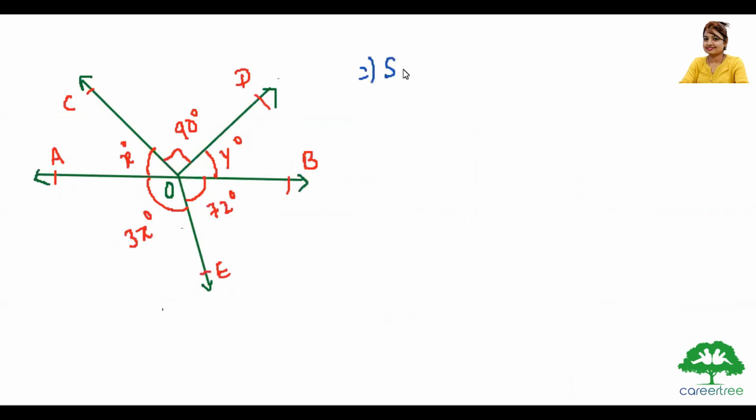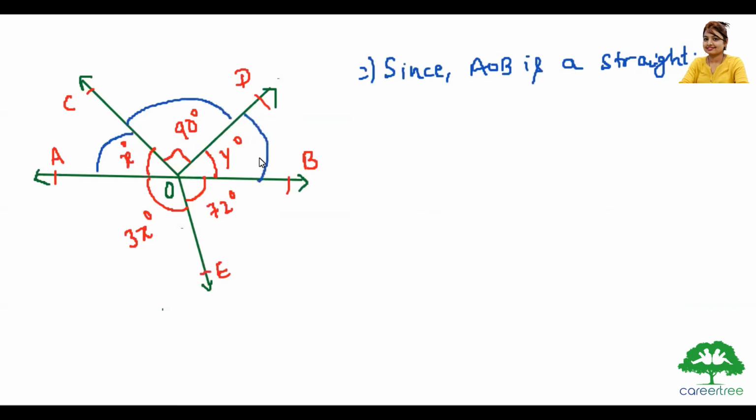Again we will use the fact that AOB is a straight line, which is given. So the sum of all the angles at point O on the upper side of AOB will be equal to 180 degree. We can write angle AOC plus angle COD plus angle DOB equals 180 degree.